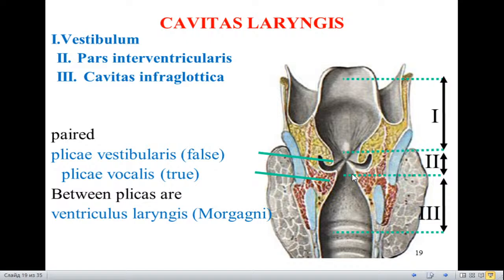That's why when you have rhinitis or some other inflammation of any of these structures, your voice is changed.